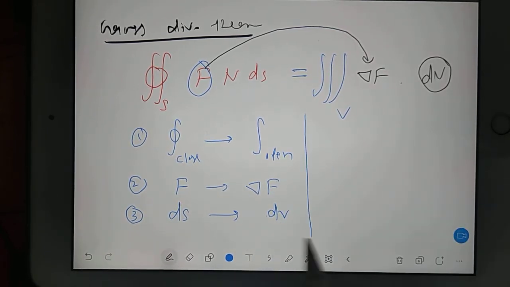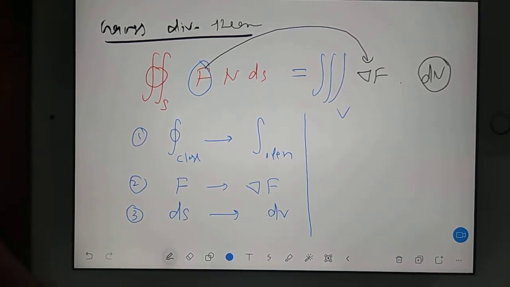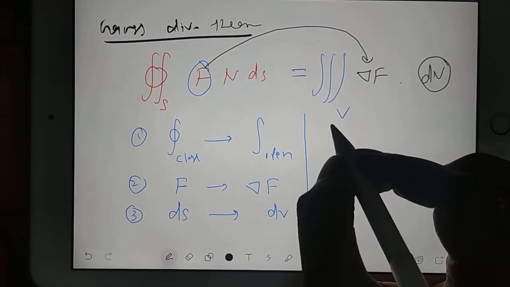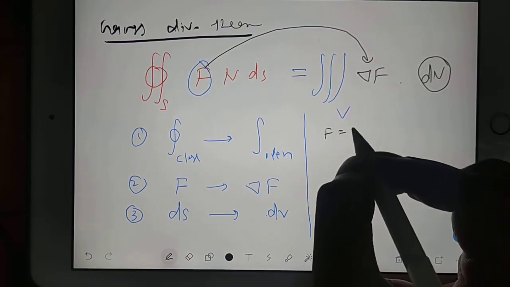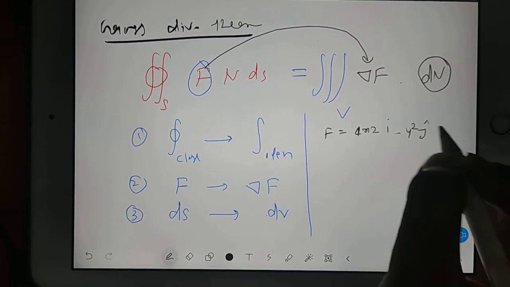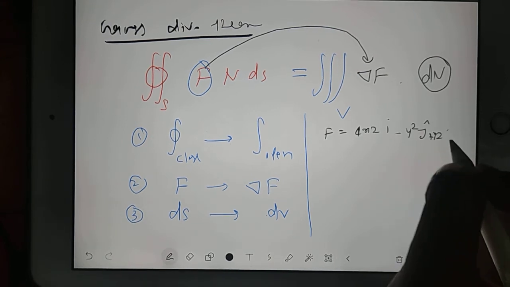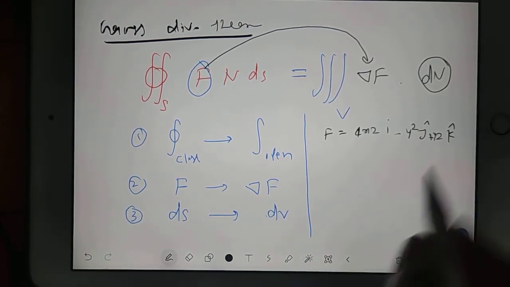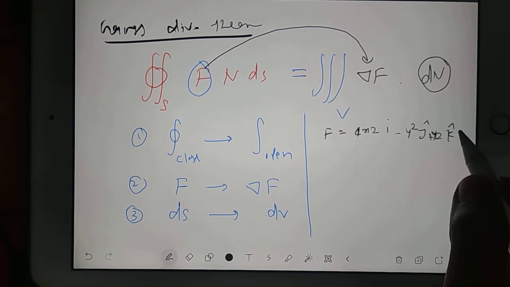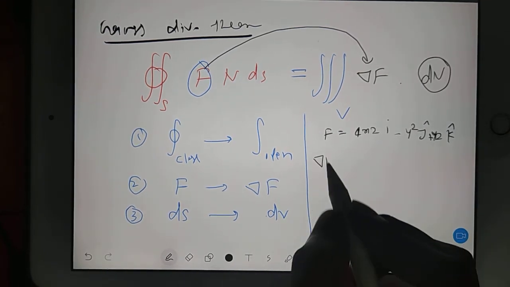So we will solve the above question with this. In the above question, your F was given as 4xz i minus y square j plus yz k. So for this equation, I will find out the divergence.